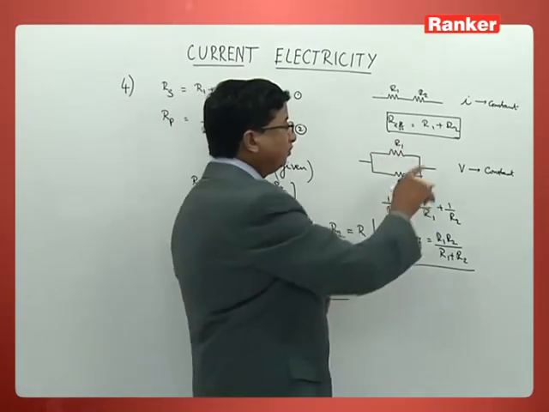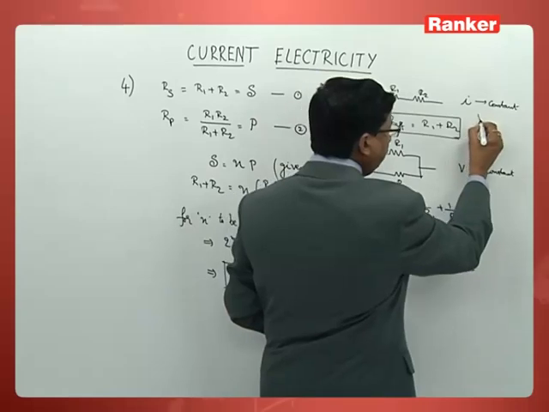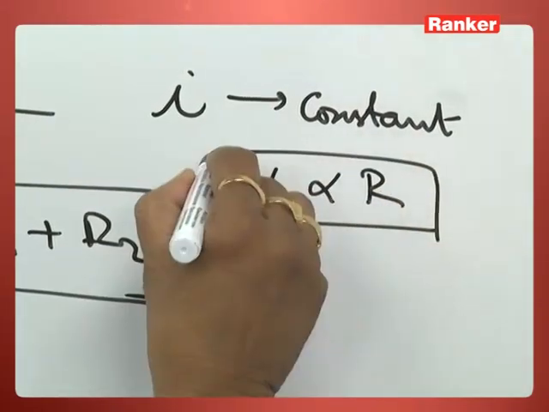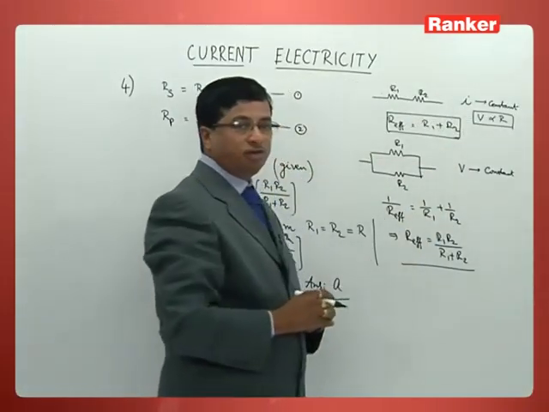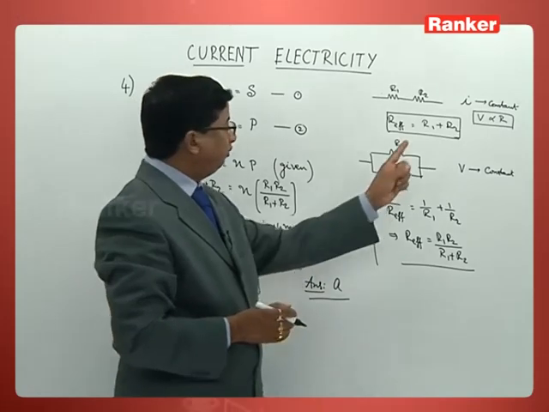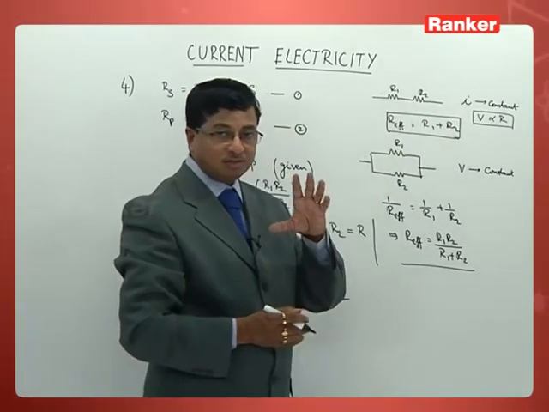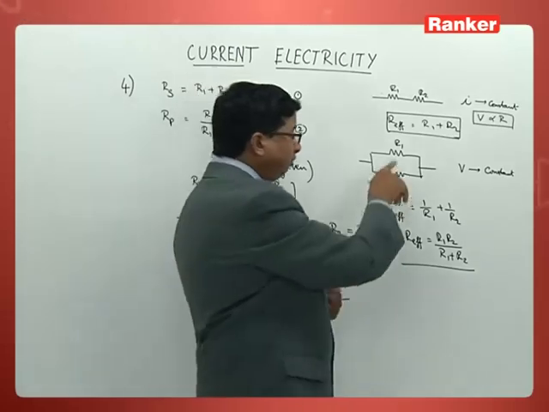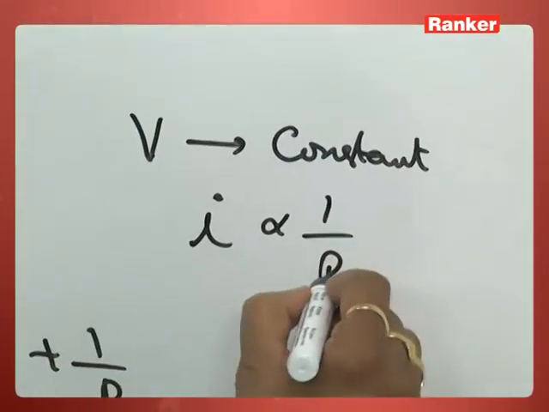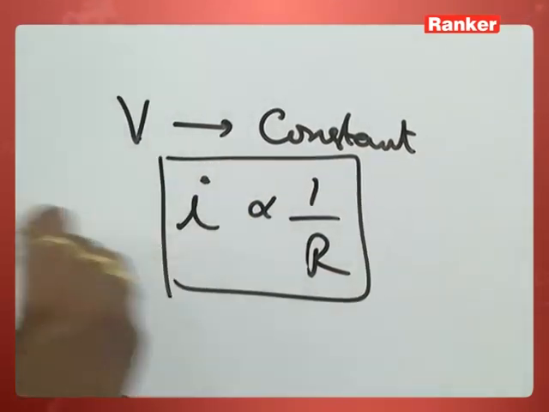Exactly in the same manner, in series combination, potential difference across any resistance is directly proportional to the value of its resistance. So V is proportional to R, that is the concept. Whereas in parallel combination, current is inversely proportional to the value of resistance.